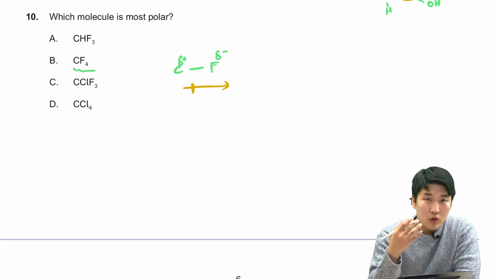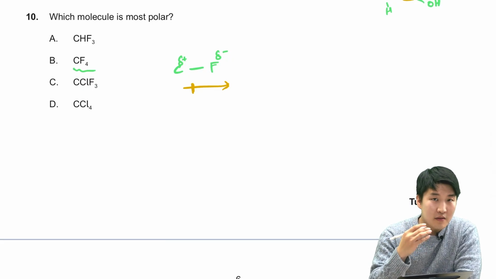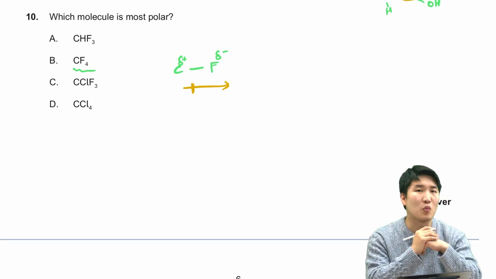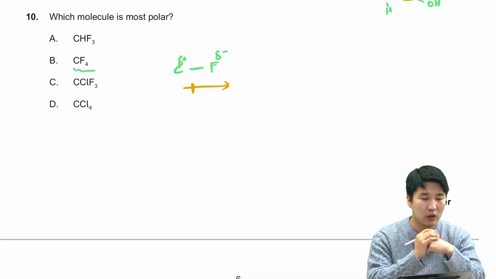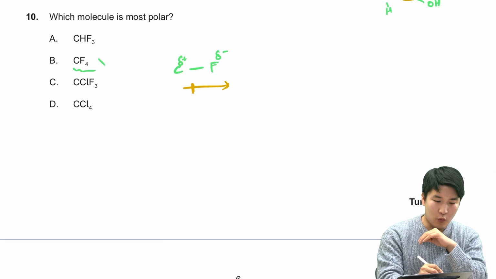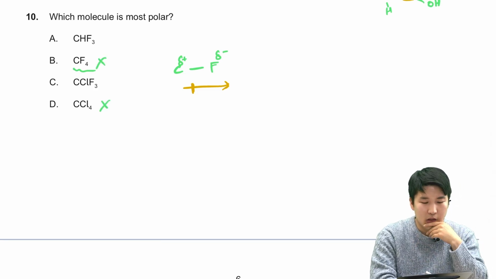But then we've got tetrahedral molecular geometry, which cancels out the 4 dipole moments so that the net dipole moment is 0. CF4, CCl4 are examples of these.